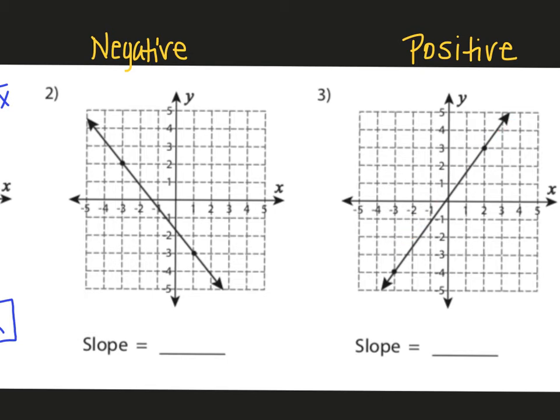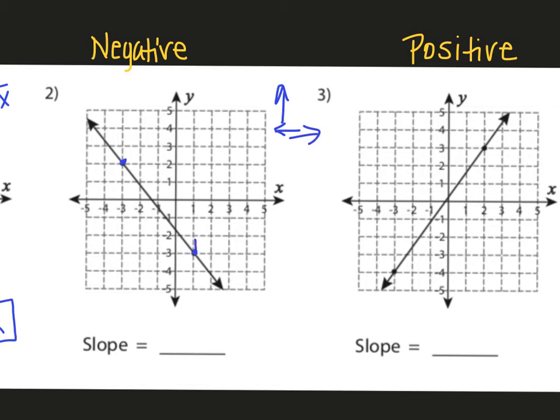And like the one we did before, they have dots already marked for us to use. Now, on this one, you should go up and then over, because rise over run. So it just depends on whether you're going to the right or to the left.